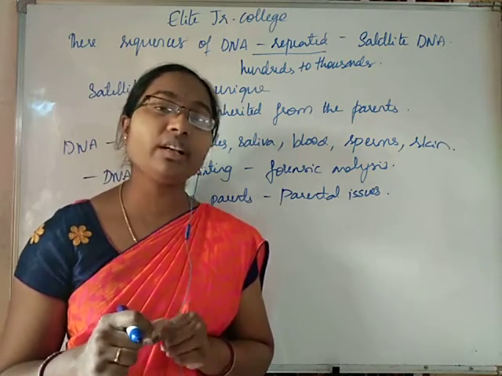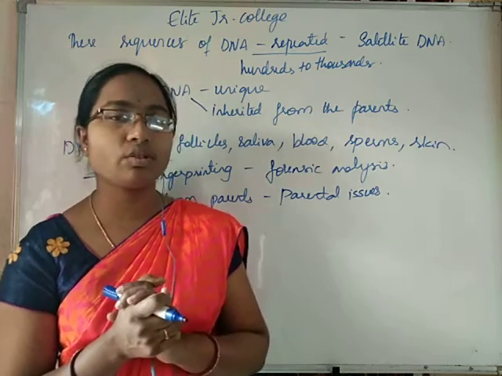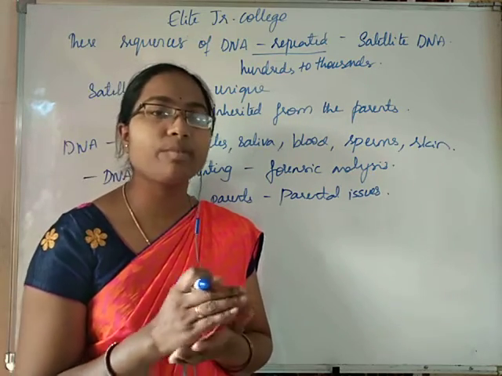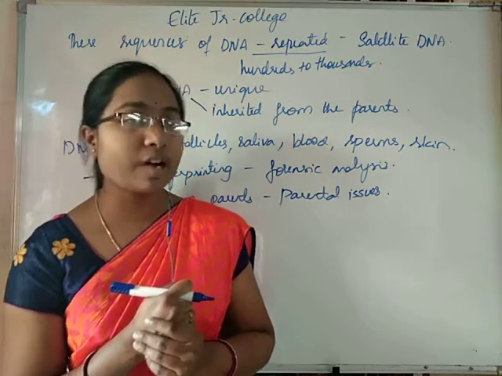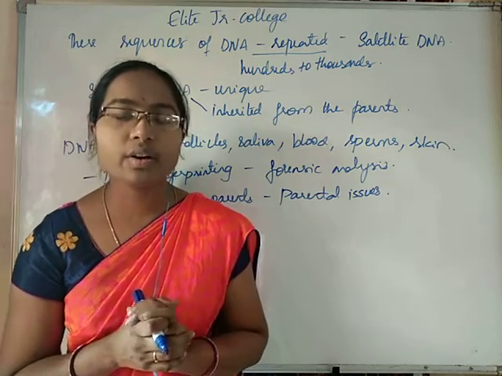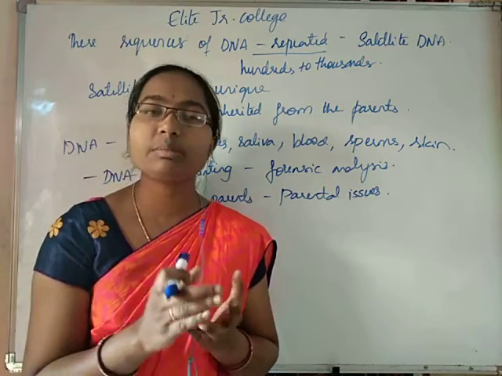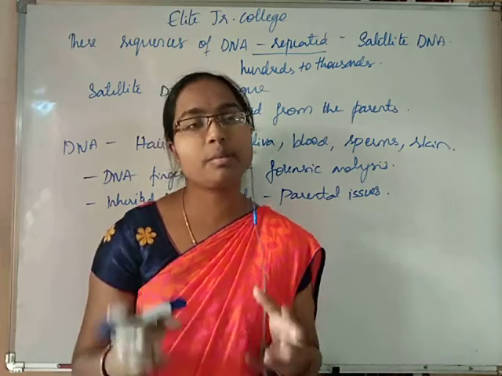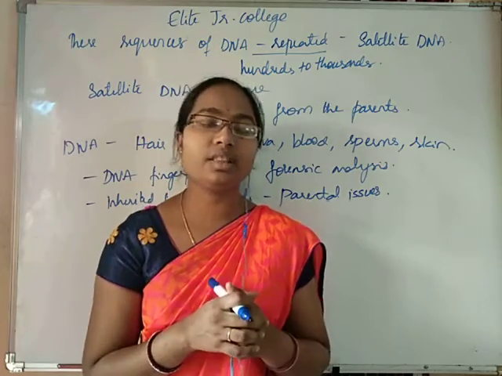Yes, there is one more technique to identify the actual parent of the child, that is blood grouping. The possible types of blood groups from the mother and the father are identified, and only those possible blood groups can be seen in the baby.